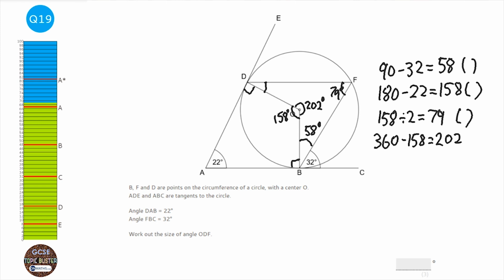So we need to add up 202, 58 and 79 and take it away from 360. So I'm going to do 360 take away, and I'm just going to add up all of the lengths that we know. And then that equals 21 degrees, which is our answer.